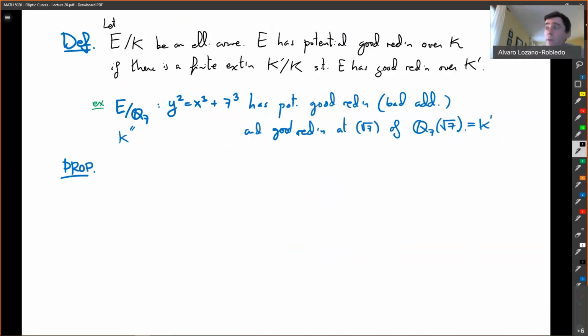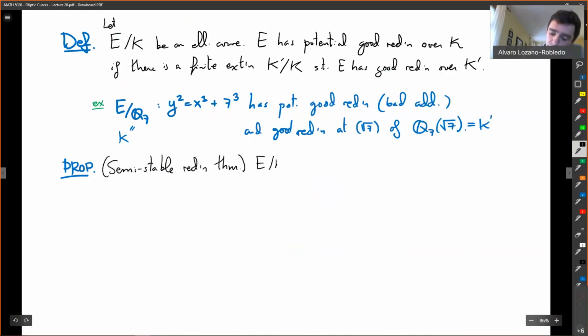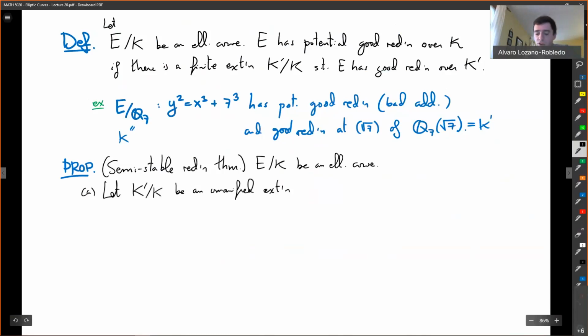So this is the semi-stable reduction theorem, and it says the following. Again, let E over K be an elliptic curve. Then first, let K prime over K be an unramified extension of local fields. We're still in the territory of local fields.